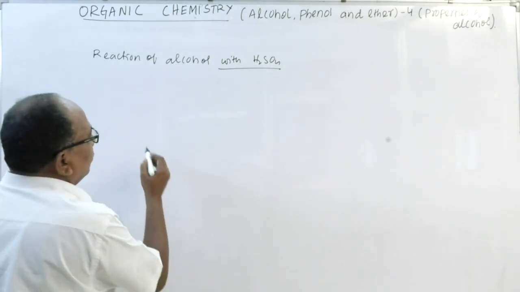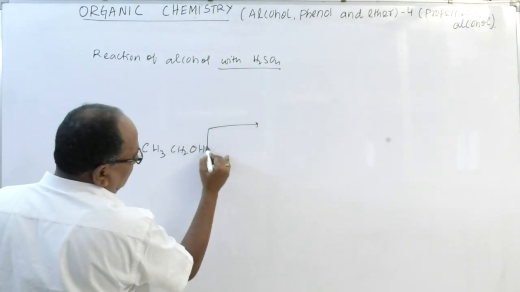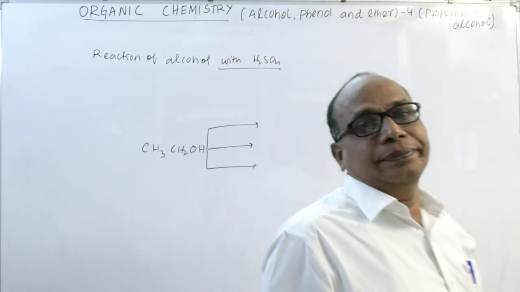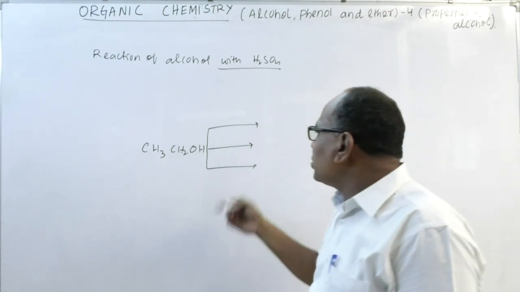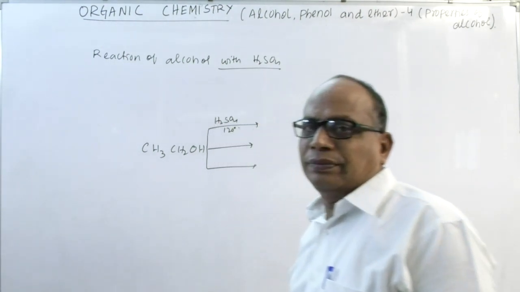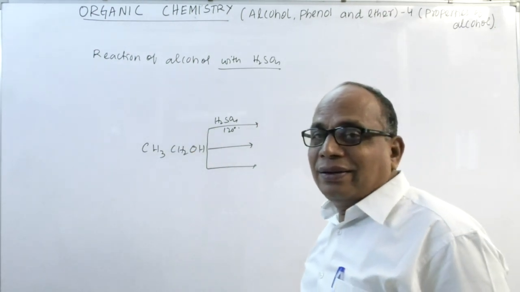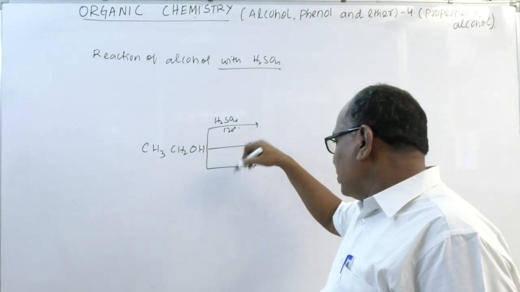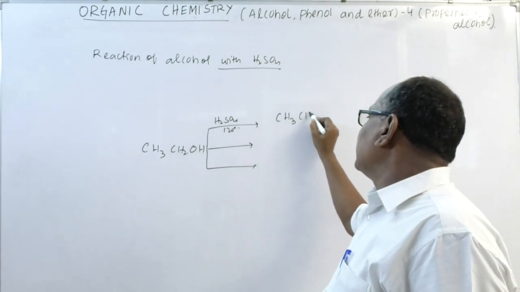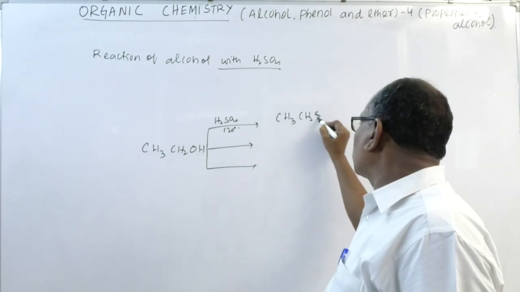Suppose you take ethanol, it reacts with sulfuric acid and gives different products under different conditions. Suppose it reacts with sulfuric acid at 120 degrees C. This hydrogen atom is protonated and it gives a protonated alcohol, or you can say it gives CH3CH2OSO3H.